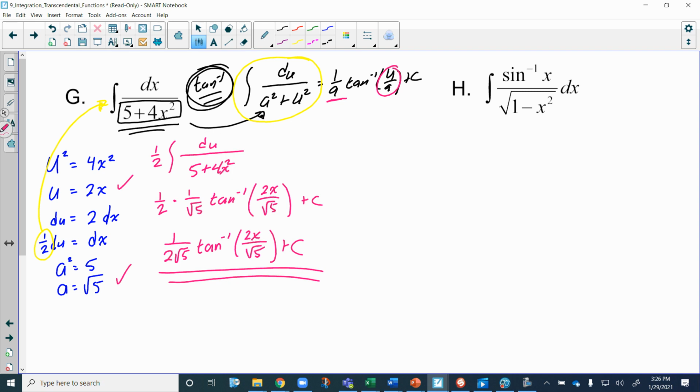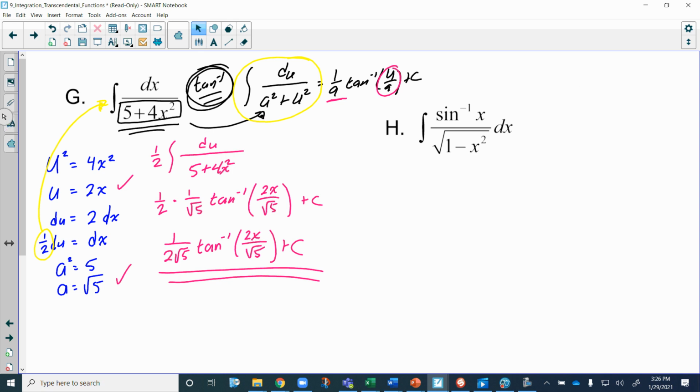So like I said, that one's a little tricky because it doesn't just shout at you, hey, this is going to be inverse tangent. If you're looking at example H on the next problem, it very clearly is shouting at you that we're using inverse sine. The rule that they're giving us, going back to the beginning of the lesson, would be du over the square root of a squared minus u squared.